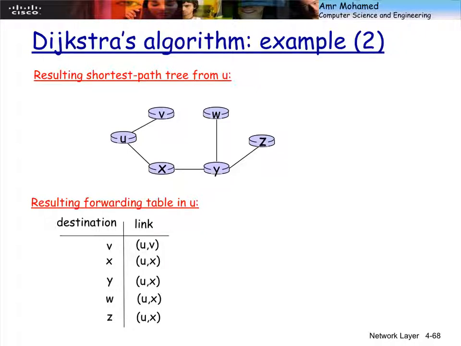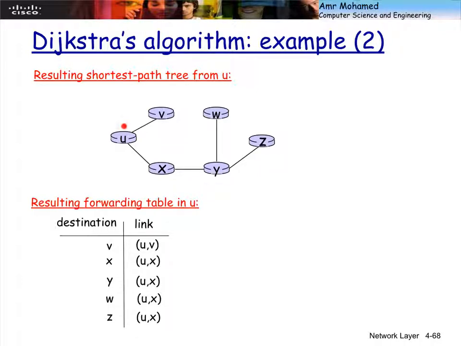Once you calculate the shortest path tree, you don't need the costs anymore. The forwarding table gives you what is the next hop if I want to reach a specific node, right? So as we said before, forwarding is the local process, or is the local action that I have to do in order to reach the final destination.